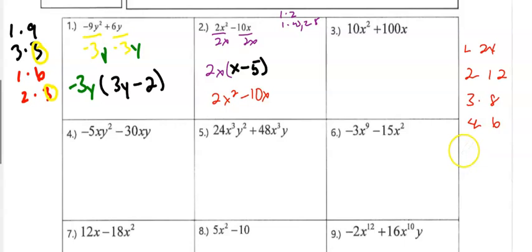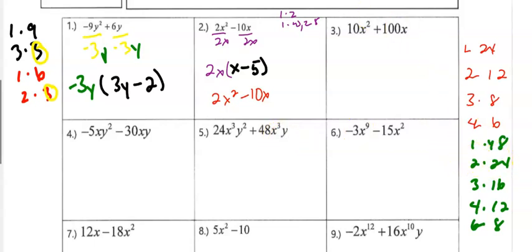Our values to get 48 are the same, so let's include obviously 1 and 48, 2 and 24, 3 and 16, 4 and 12, 6 and 8. So our greatest common factor is going to be between the two, 24, right?